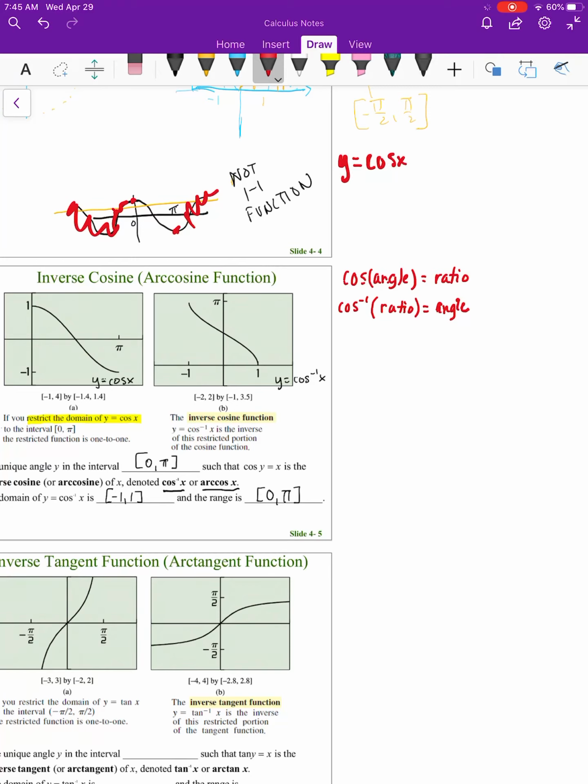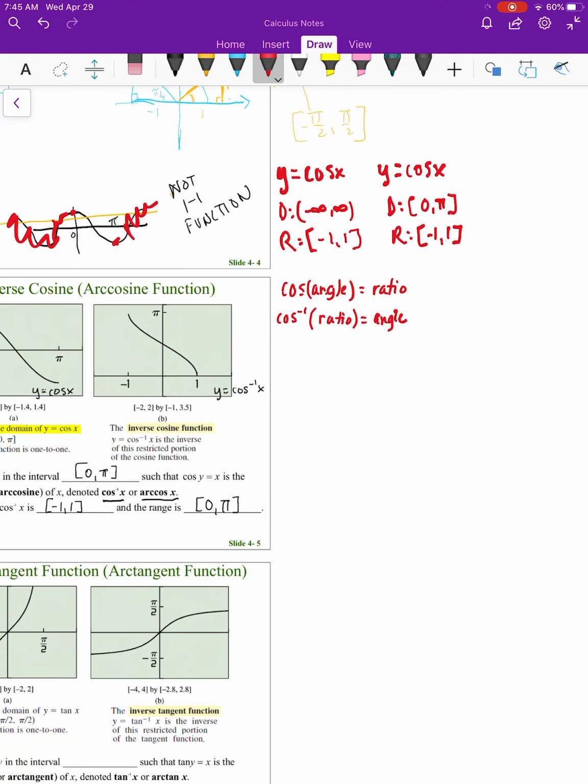And if we had y equals the cosine of x, our domain was negative infinity to positive infinity. Our range was negative 1 to positive 1. When we restricted it so that we could find an inverse, our domain became 0 to pi, and our range negative 1 to 1.